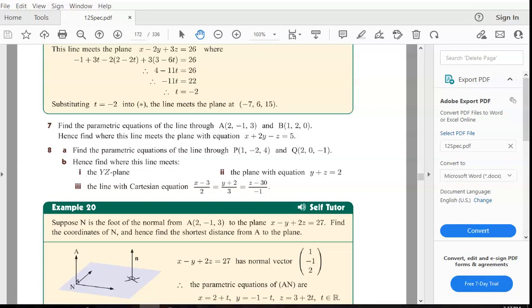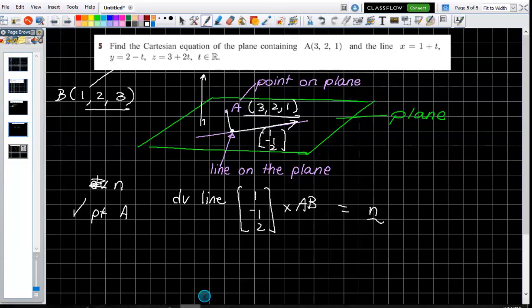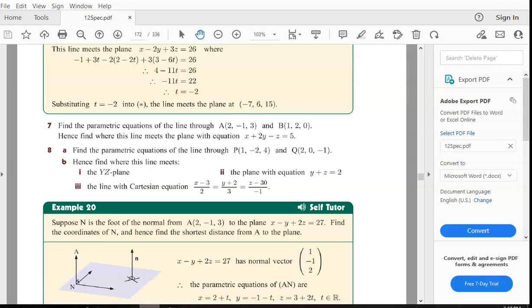It'll be like x equals something, y equals something. So imagine our little equation that we just had here, right? Imagine we've got an equation of a line here, x equals 1 plus t, whatever. That's what you did, because we know how to get the equation of a line between 2 points, don't we? Get direction vector, use one of the points. So we'd be able to get that easy. How do we know where it meets the plane?